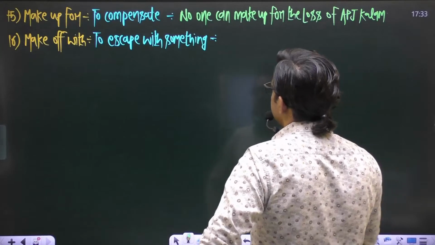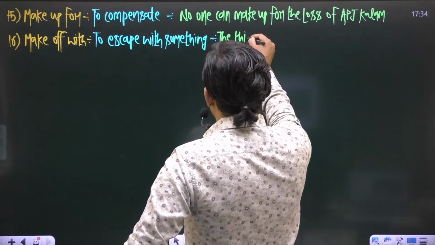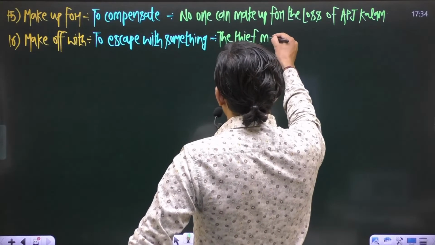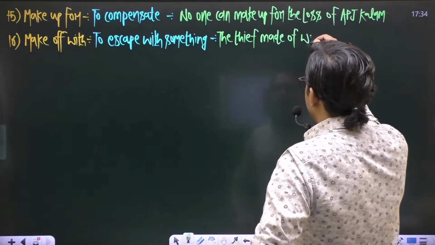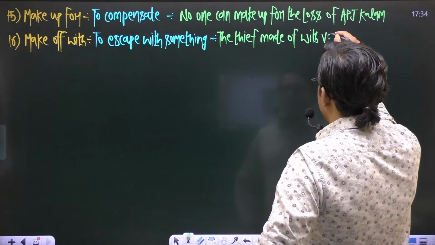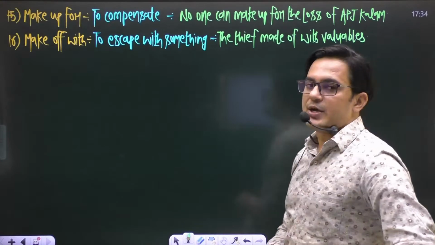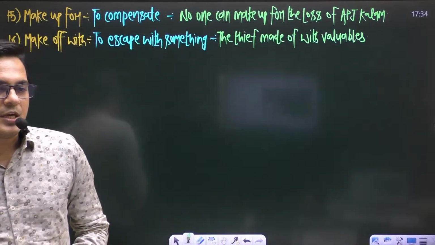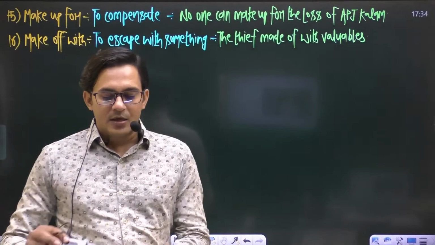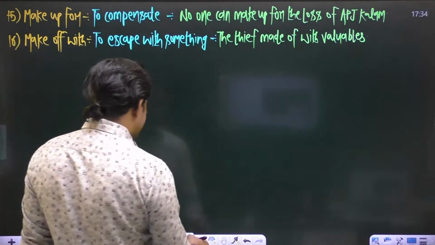And the sentence is, the thief made off with valuables. The thief made off with valuables, right? Make off with, to escape with something.